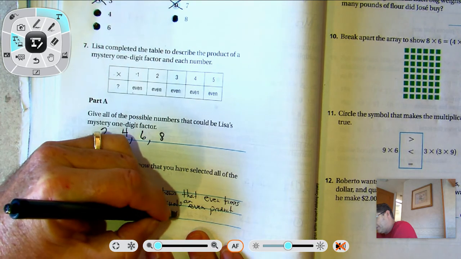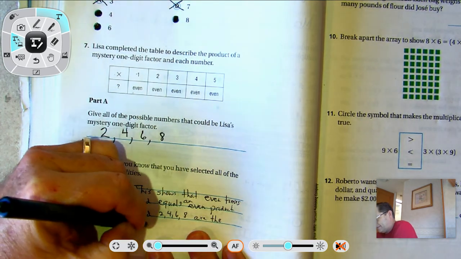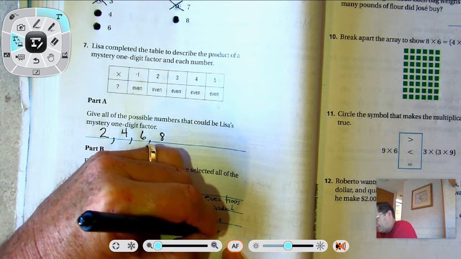And 2, 4, 6, 8 are the only even one-digit factors.